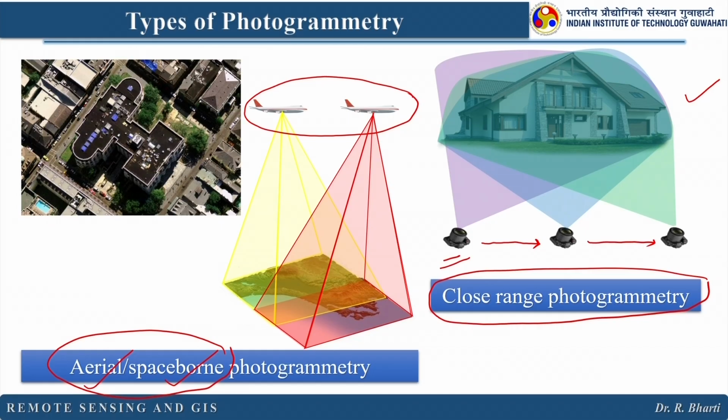So, tilting will be there for the photographs, but I can capture more information of the target if I change the position. This is how we derive the properties of any object or target from photogrammetry.